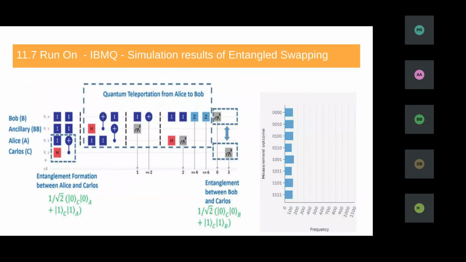Here he is asking us to simulate the result, and those who are interested in learning Qiskit, please do go through the exercise, because this is the one which simulates the result for entangling the qubits, and you can see your collapsed state, and you can have the measurement for different combinations.